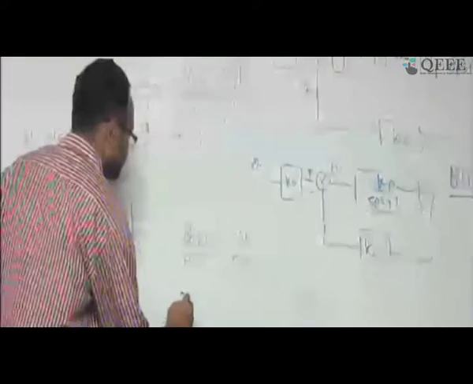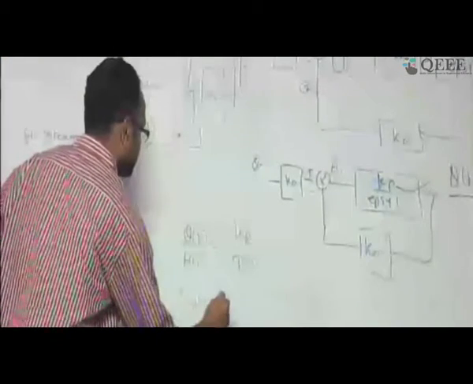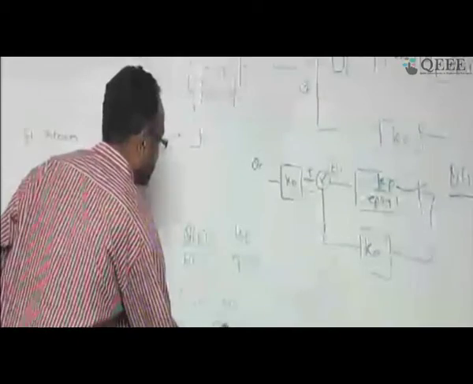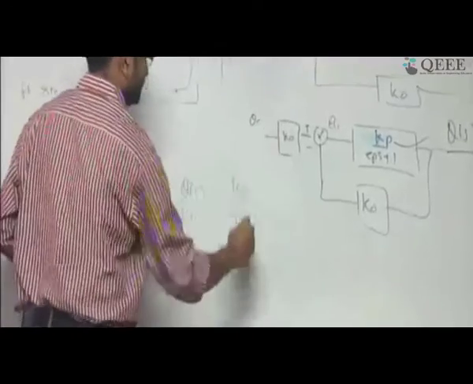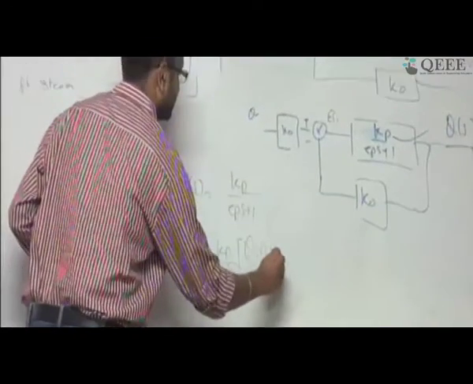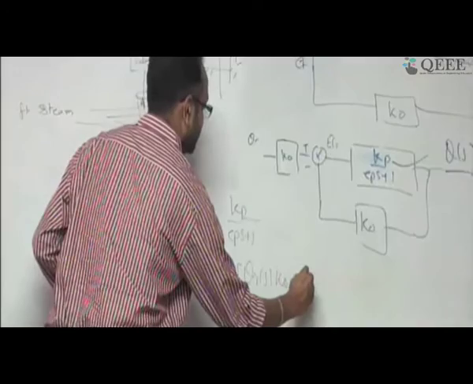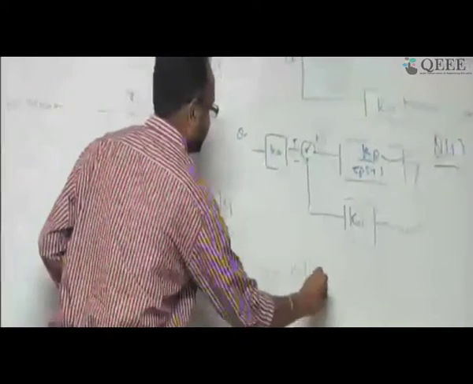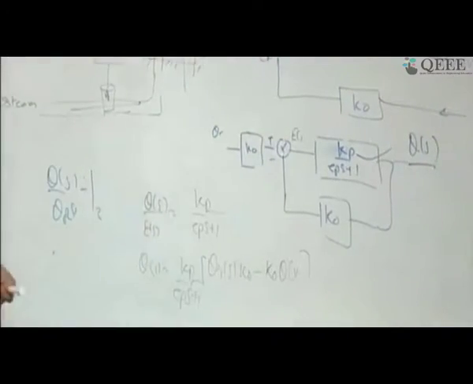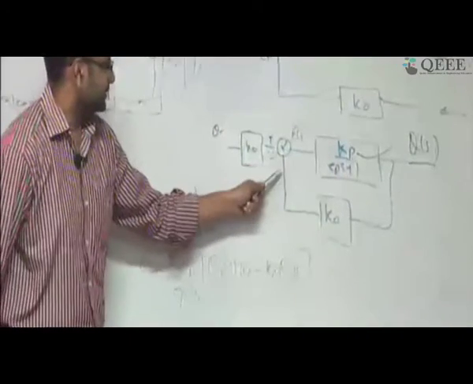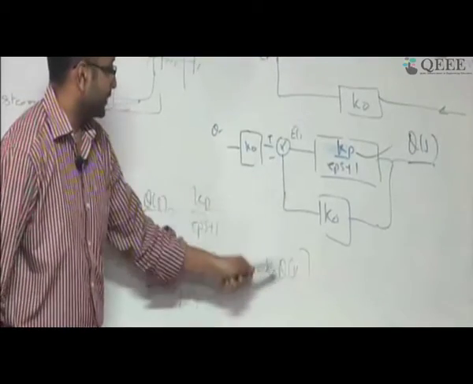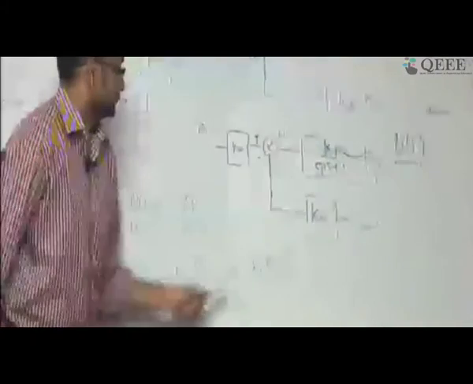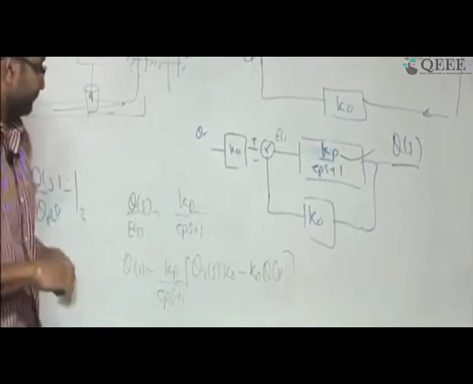Now what is Es? Es is going to be theta rs K0 minus K0 theta s. Correct? This input is going to be this signal minus this signal. This signal is theta r into K0, and the other signal I am getting is theta into K0. So this error is this term. You got it?